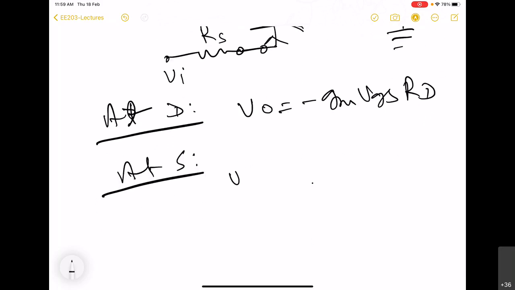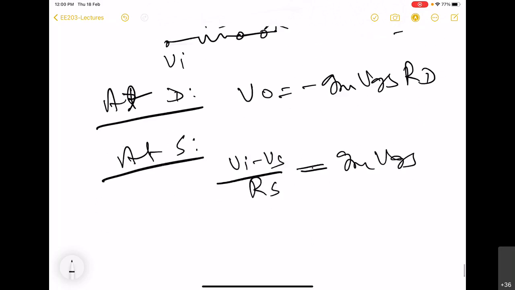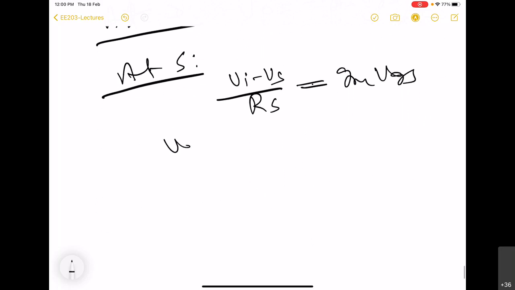So at source, we have Vi minus Vs by Rs is equal to Gm VGS. So here Vg is 0, so one can eliminate Vs from 3 and 4.